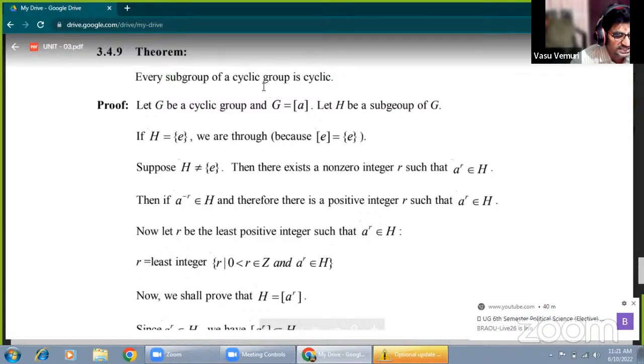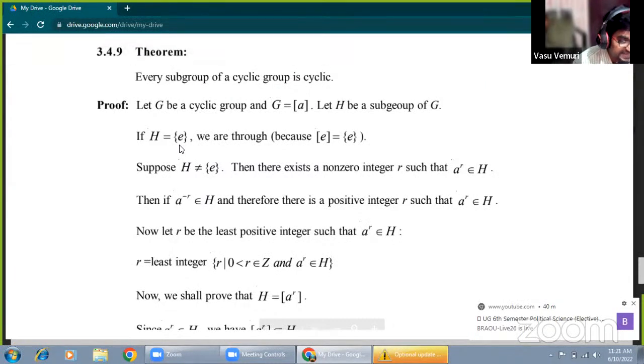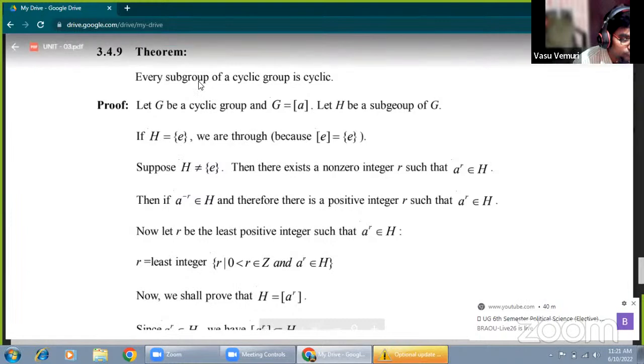First of all, you have to see here: the given group is cyclic. Cyclic group means a group generated by an element of the group. So you have to mention here: let G equal the group generated by a, a cyclic group. Then let H be a subgroup of G. At least the identity element is there in this subgroup, and we have to prove that the subgroup is cyclic.